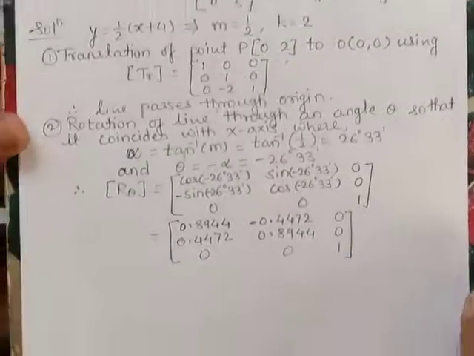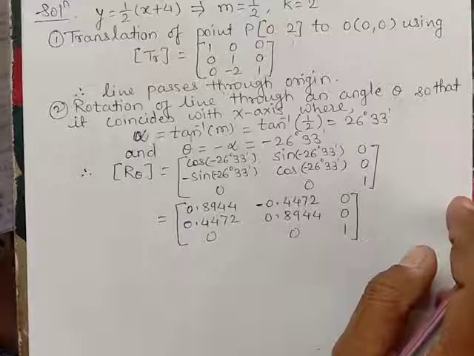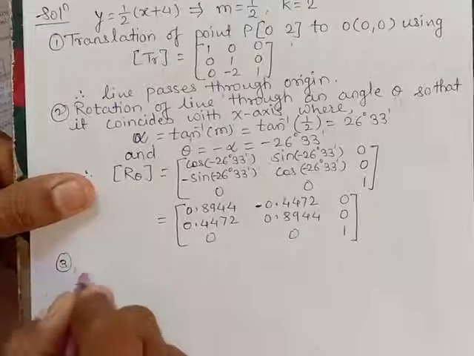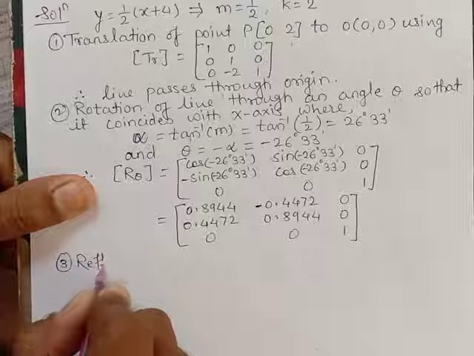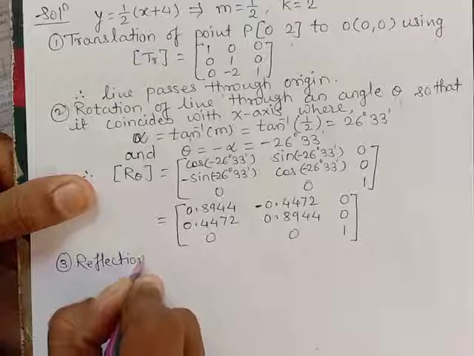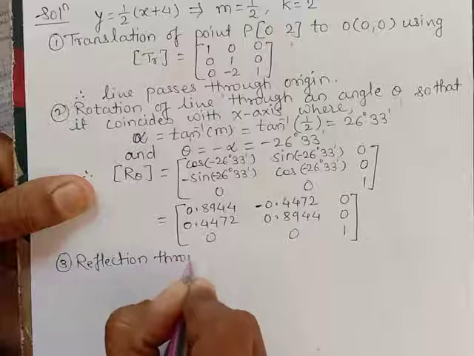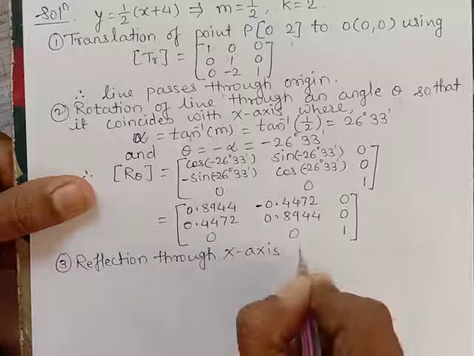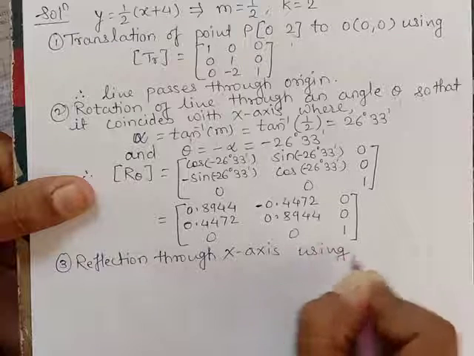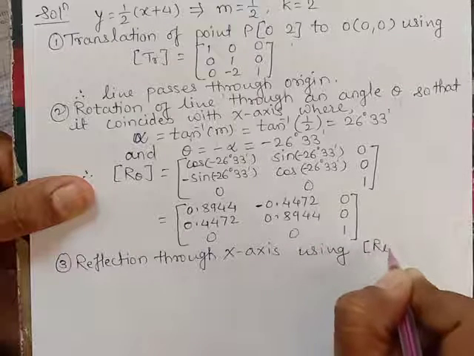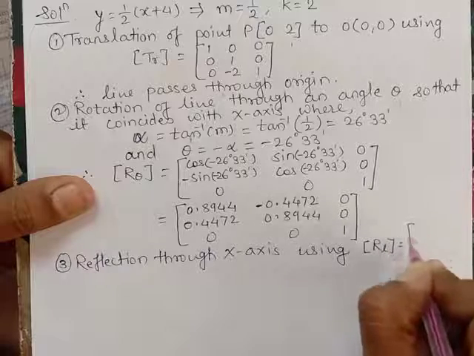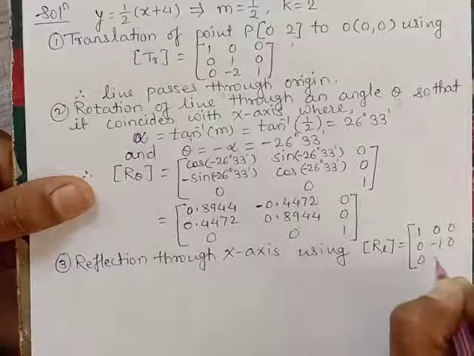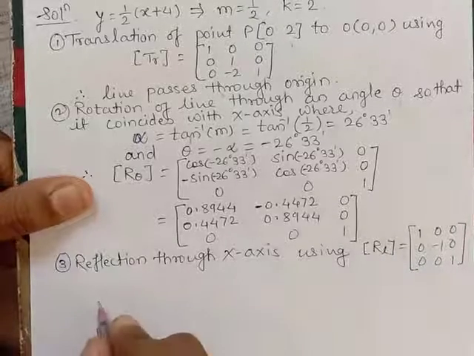Now the next step is reflection through the x-axis using the reflection matrix, and that will be 1 0 0, 0 minus 1 0, 0 0 1, right?